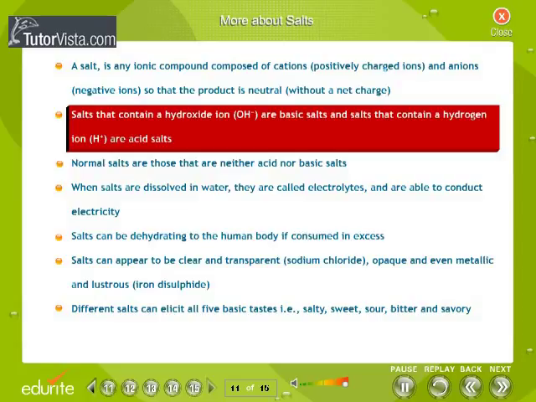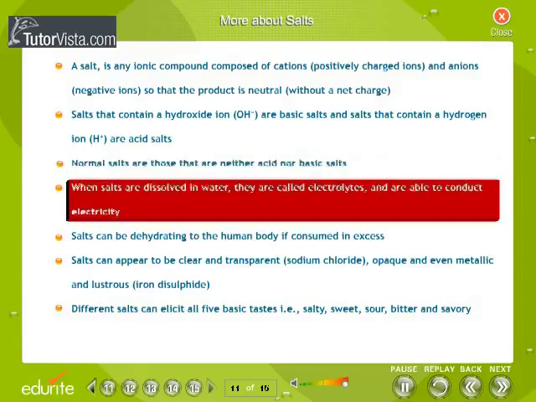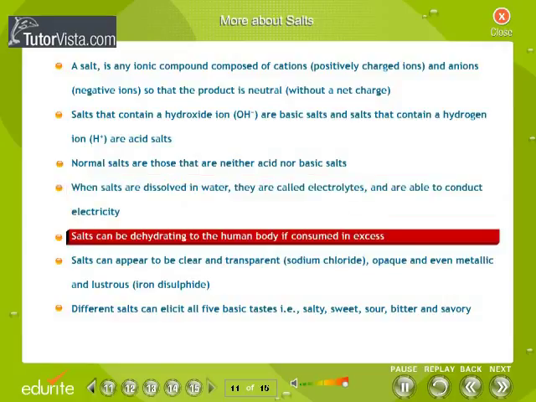Salts that contain a hydroxide ion, OH-, are basic salts, and salts that contain a hydrogen ion, H+, are acid salts. Normal salts are those that are neither acid nor basic salts. When salts are dissolved in water, they are called electrolytes and are able to conduct electricity. Salts can be dehydrating to the human body if consumed in excess.